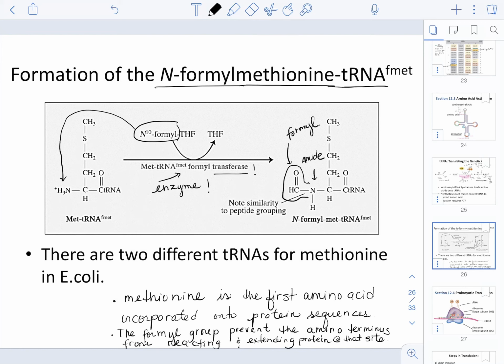You need to be reminded that when protein synthesis happens, and we're going to be exploring it later, the amino group is going to bind a carboxylate group. So by adding this formyl group to the amino side of methionine, you are preventing the amino group from reacting further with other carboxy termini of amino acids that may be in the cell.